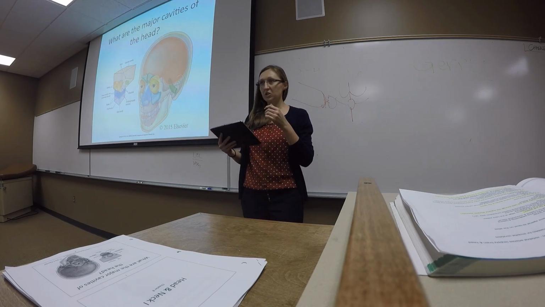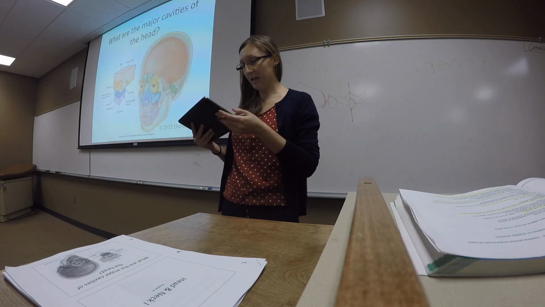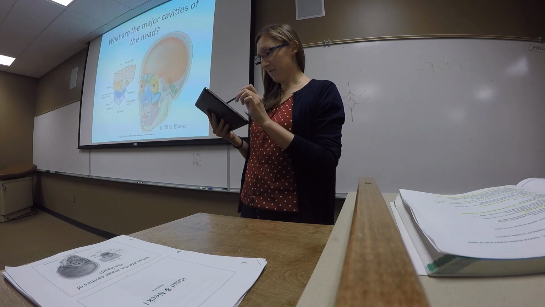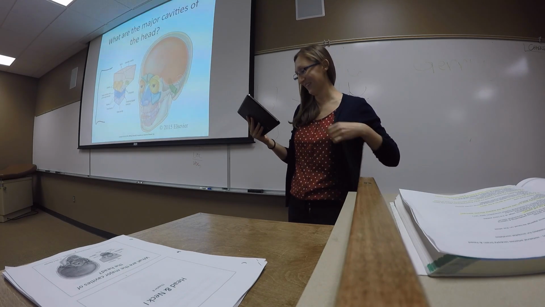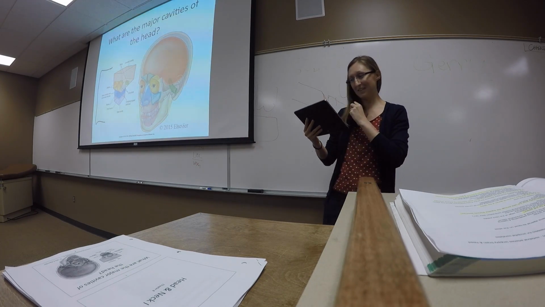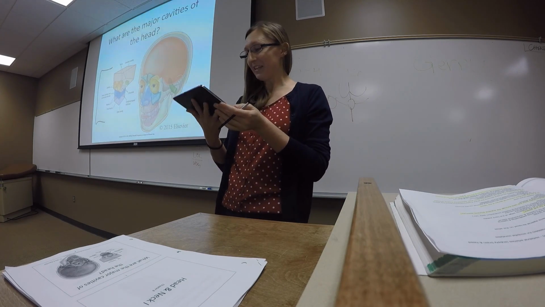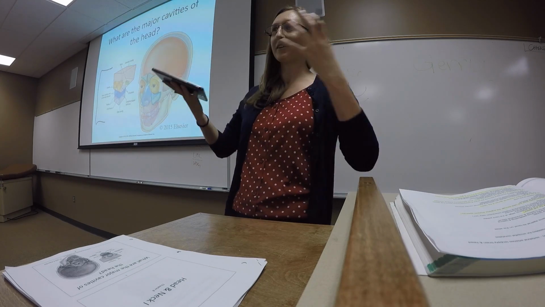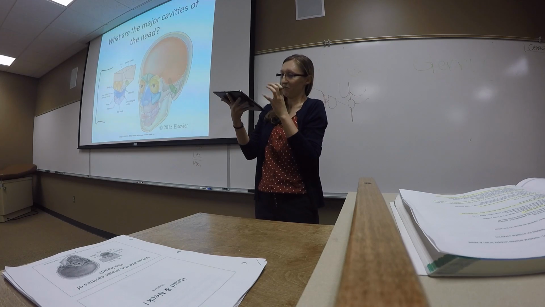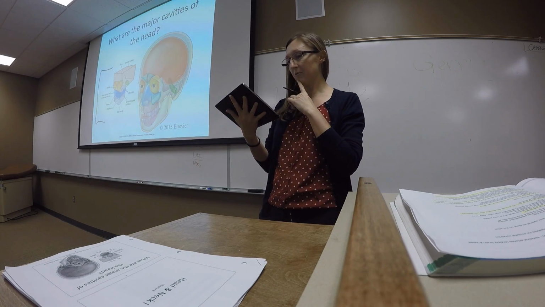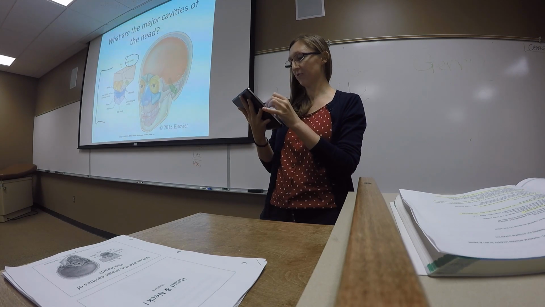So first of all, some general orientation. We've got several different cavities of the head. Your textbook has these really funky diagrams that make me giggle every time I look at them, because it looks like somebody's attempt to draw a robot. Anyways, it's trying to show the spatial orientation of different cavities that actually intermesh with each other. So we have the cranial cavity, also known as the cranial vault.